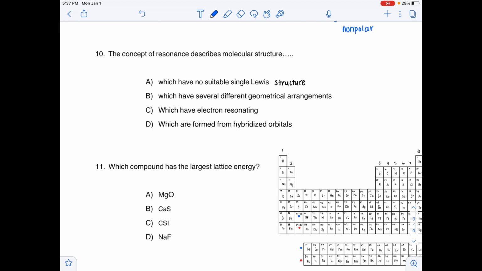B, which have several different geometrical arrangements. That's not right because we're not changing the geometry of them. C is which have electron resonating. No. D, which are formed from hybridized orbitals. No. So the only answer choice that is correct is A.